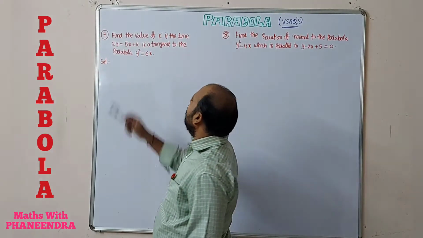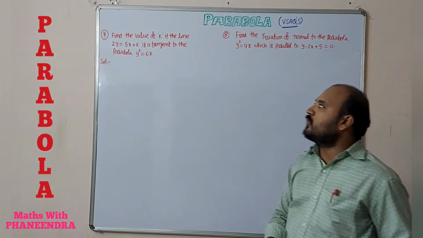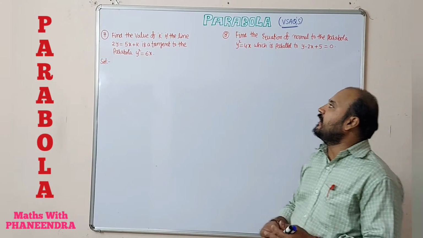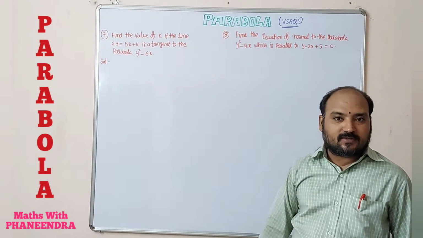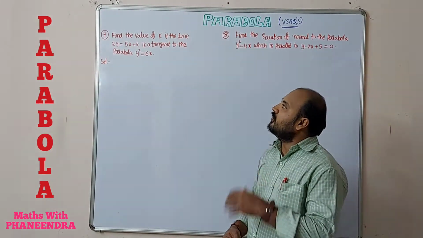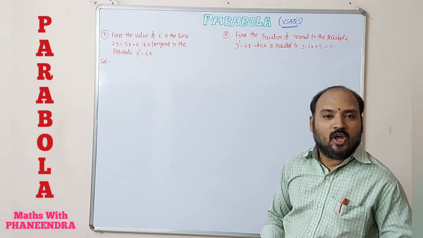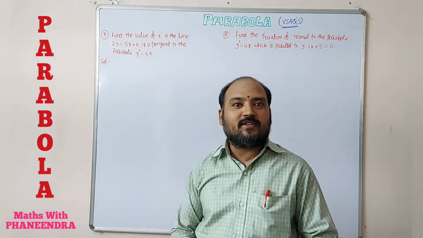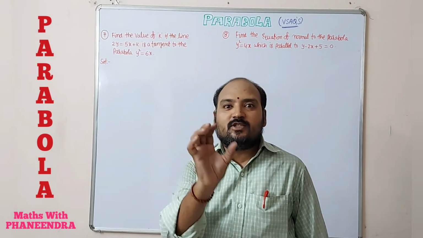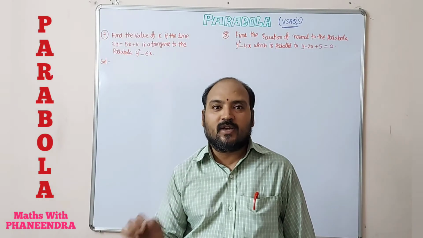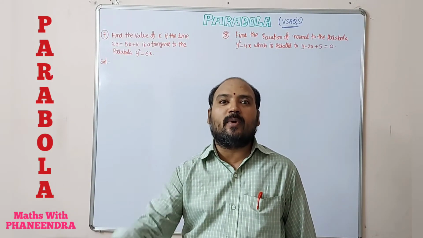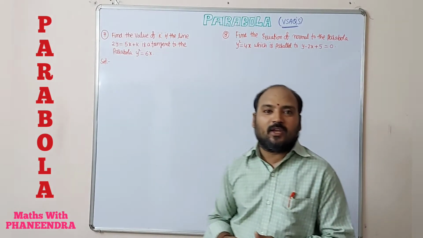So find the value of k if the line 2y equal to 5x plus k is a tangent to the parabola y square equal to 6x. The value of k we want. We know that if the line y is equal to mx plus c is a tangent to the parabola y square equal to 4ax, then c is equal to a by m. That formula we are going to apply.